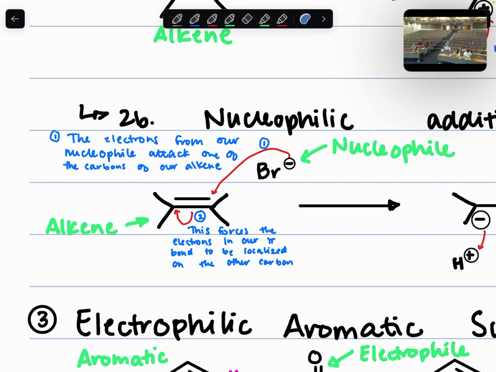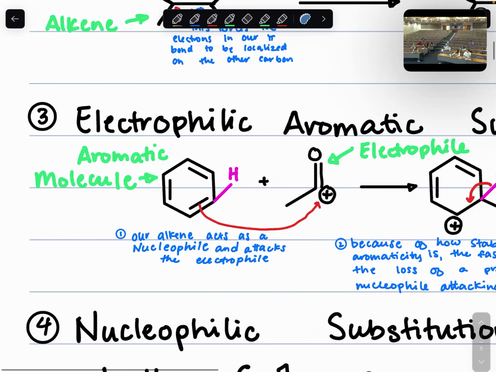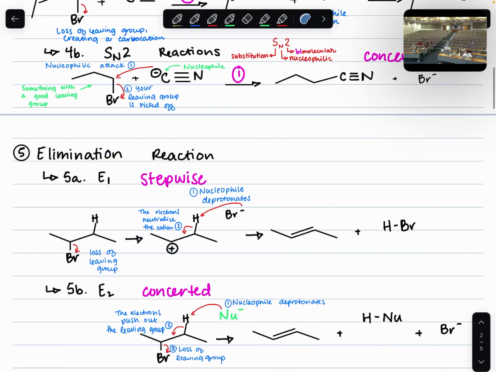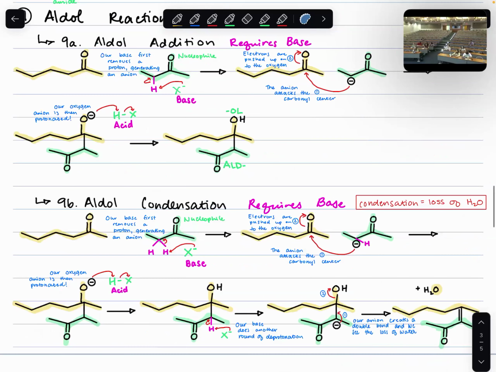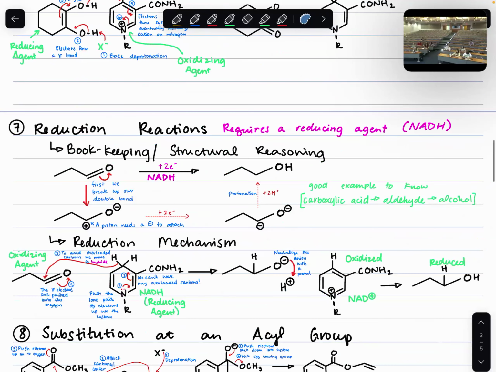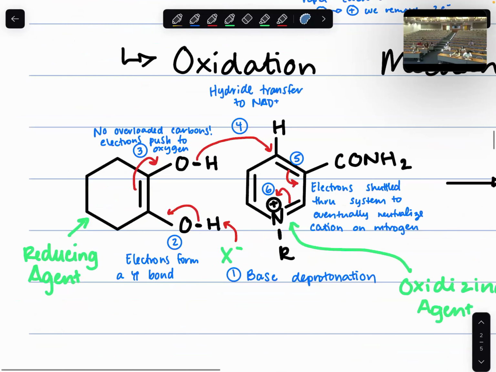So for all of these, I've numbered them, especially when we get to reductions and oxidations, there's 6 arrows in one step here. So this gives you the flow of what to follow. Helpful, not helpful, somewhere in the middle.